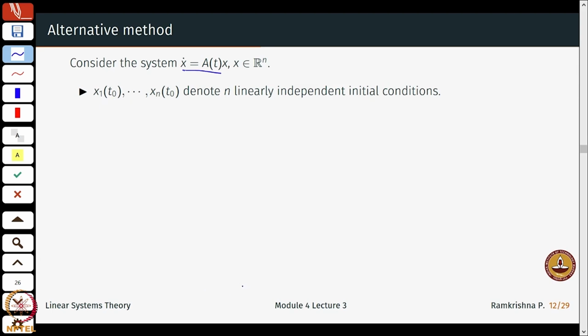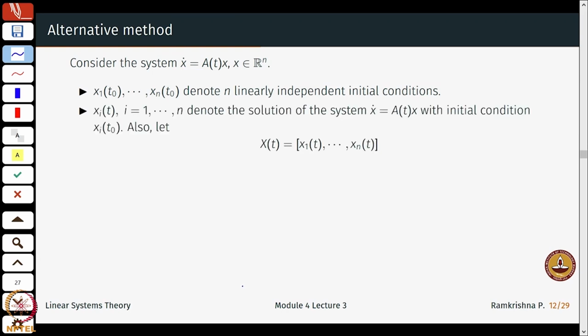With each initial condition I will have a certain solution. Let me denote the solution starting from initial condition x1 at t naught as x1 of t, and the solution starting from xn at t naught as xn of t, so I have n different solutions.